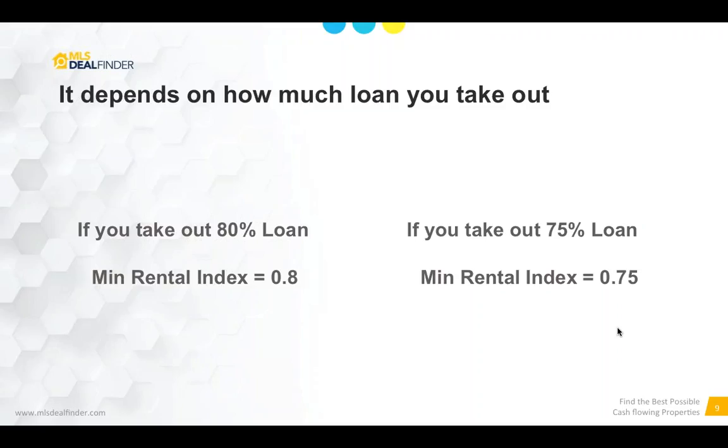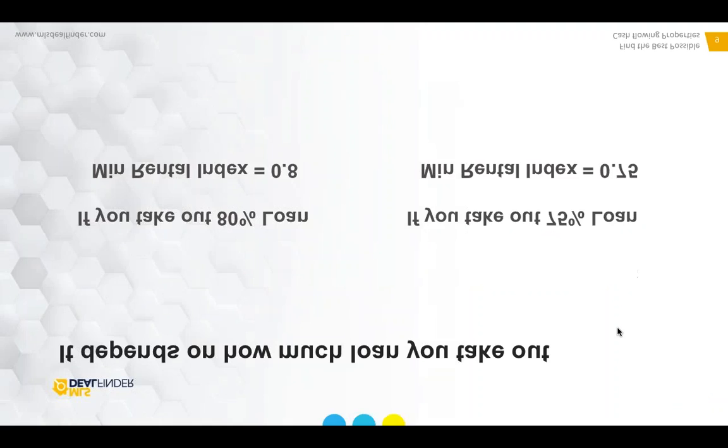Another thing is, if you're an investor and you only want to put 5% down and take 95% out of loan to pay for that house, then your minimal rental index is 0.95. So it's very simple. Your minimal rental index is just how much percentage of loan you're taking out. That's the bottom line here.